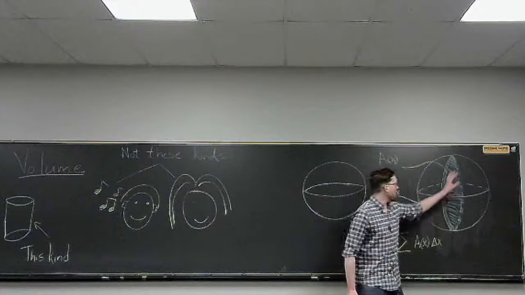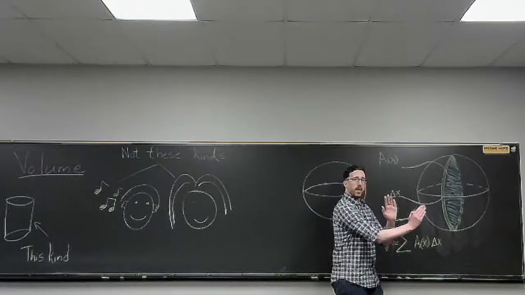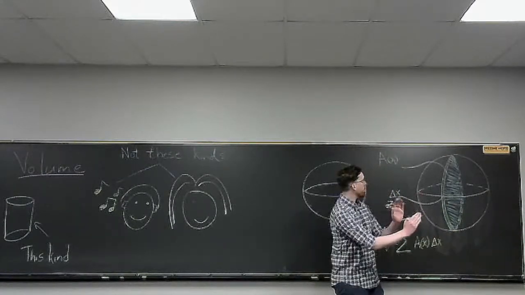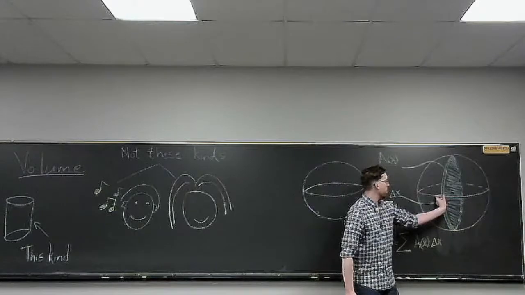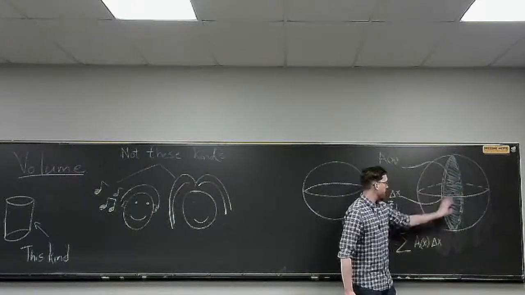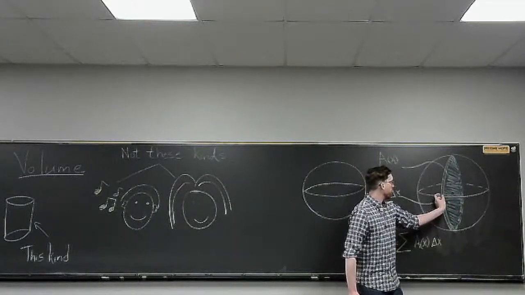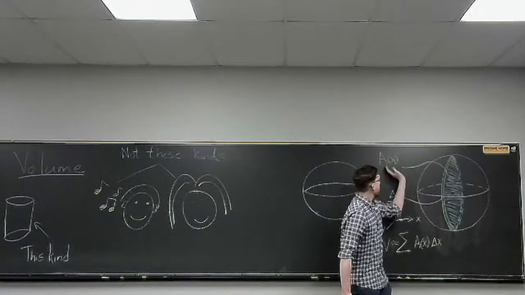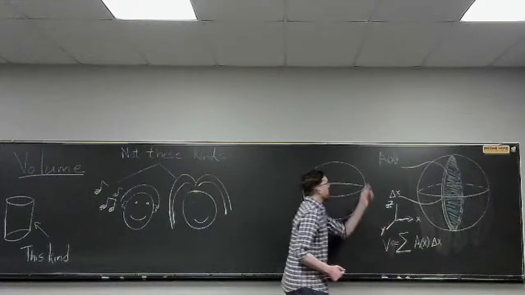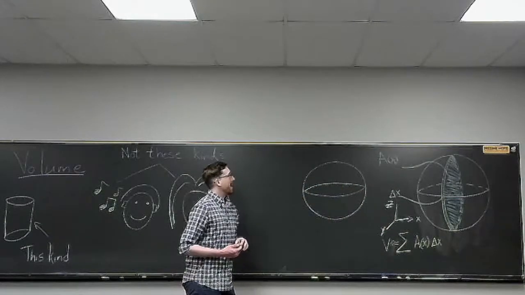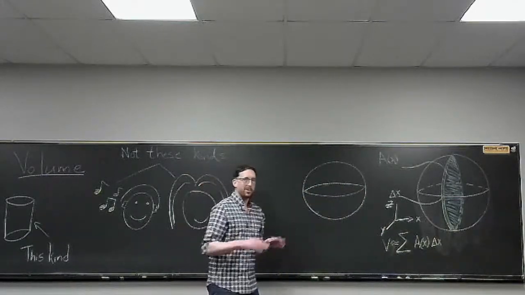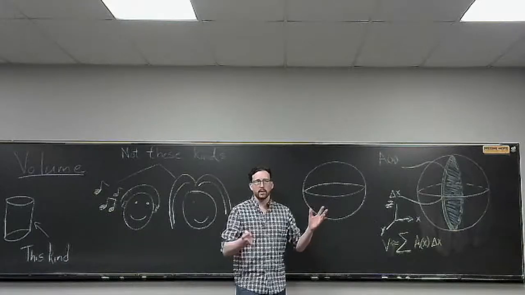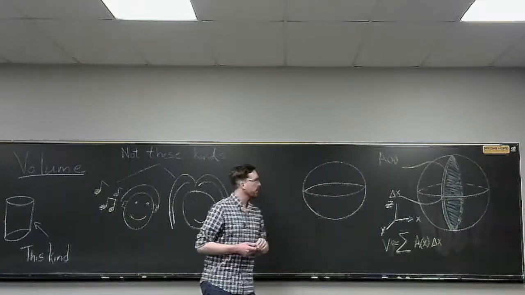So that's what you've got here in this picture, right? This is a cross-section of this sphere. This disk inside the sphere has a width of delta x and a cross-sectional area of A at x_i. Whatever that cross-sectional area is, we can talk about that later.